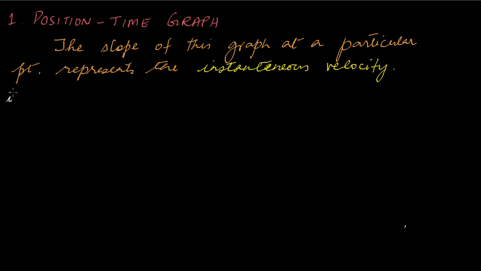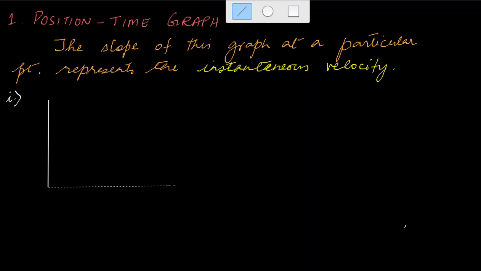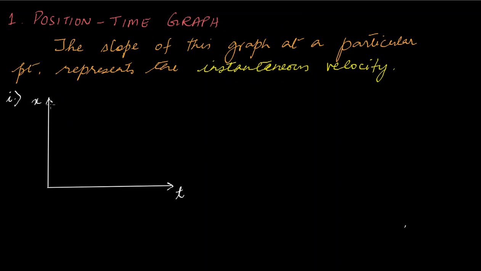So let us discuss the first graph, which looks something like this. Here we plot the position along the y-axis and the time along the x-axis. So x represents the position, t represents the time. The first graph is just a line that is parallel to the x-axis.